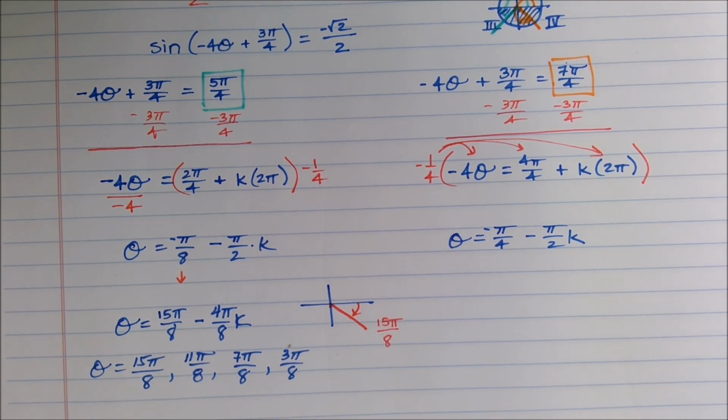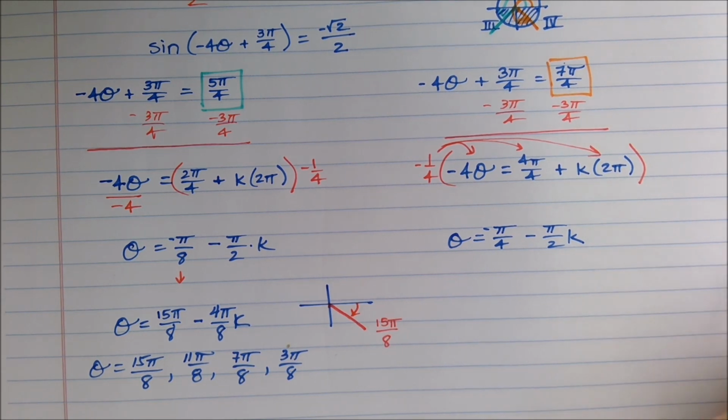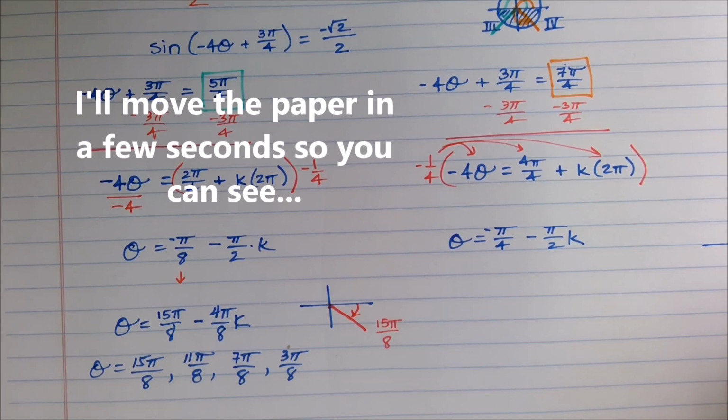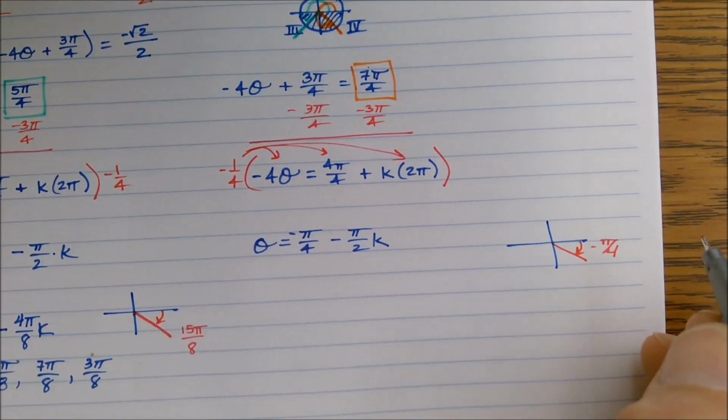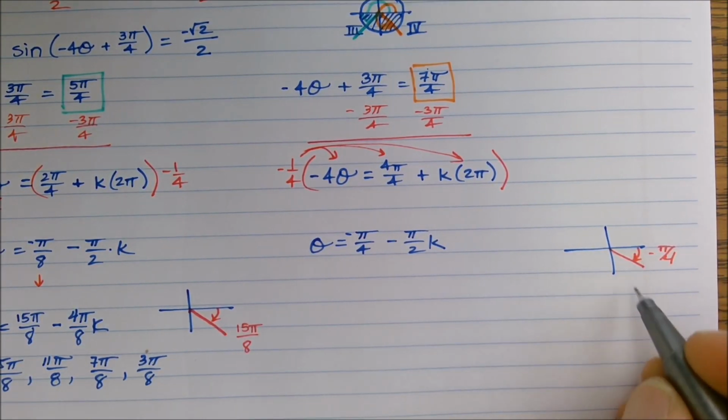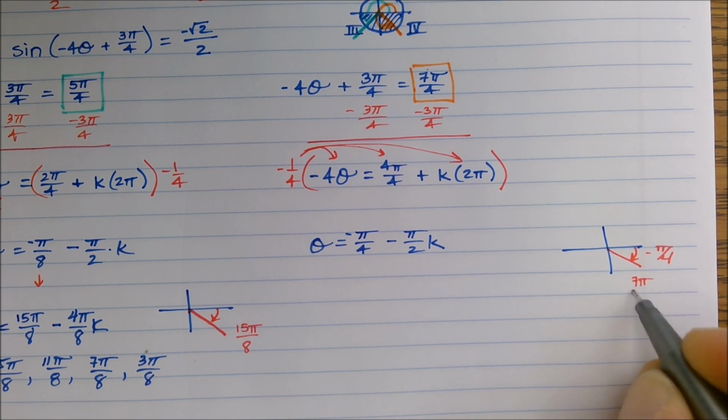Very similar thing going on over here. Because it's negative pi over 4, we're looking at this angle right here. It's negative pi over 4. Whoops, sorry guys. We're looking at this angle, negative pi over 4. That's the same as 7 pi over 4, right?